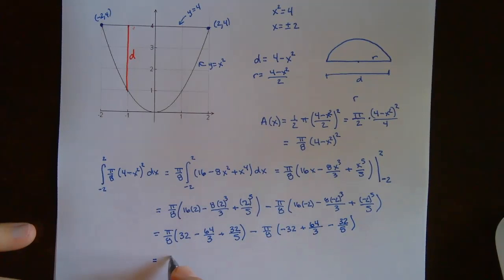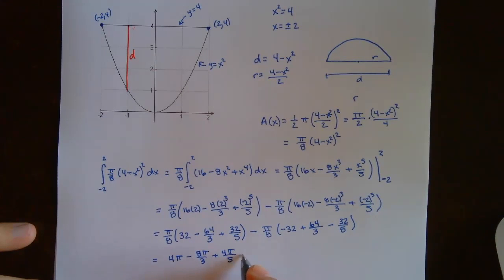Looking at this, I'm going to distribute the pi over 8. So this would be 4 pi, and then this would be 8 pi over 3, so minus 8 pi over 3, and this would be plus 4 pi over 5, because we're going to have some common denominators.